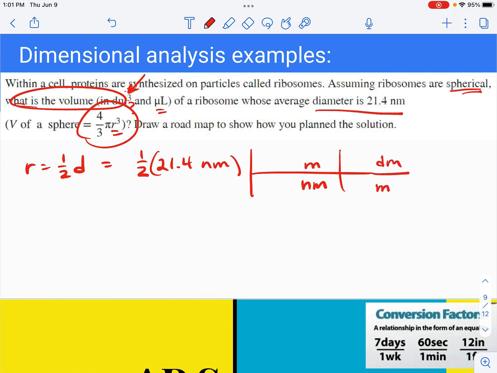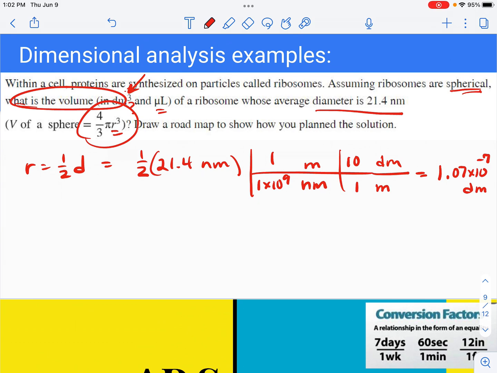You should know both of these conversions. They are exact conversions. So this is 1 meter is 1 times 10 to the 9th nanometers, and 1 meter is 10 decimeters. And when I do this, I get 1.07 times 10 to the, it's a really small number, -7th decimeters is the radius.